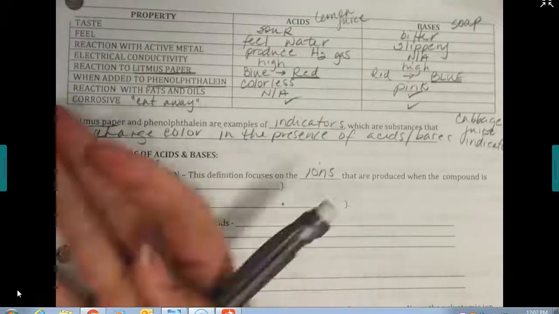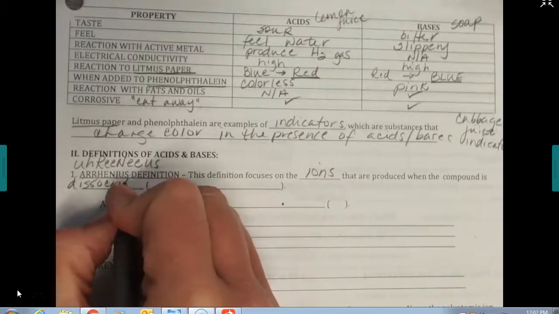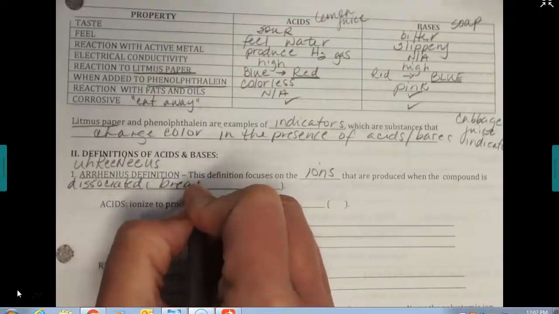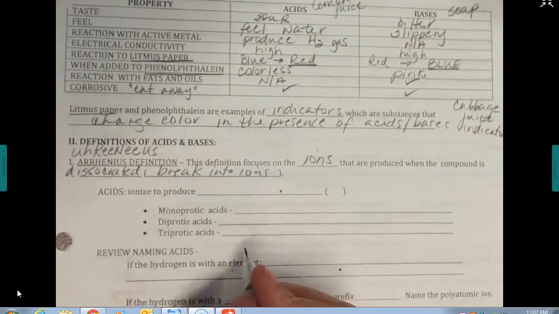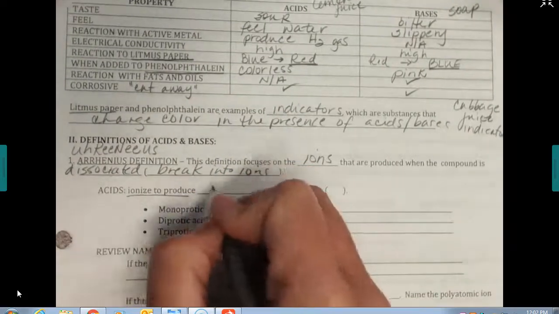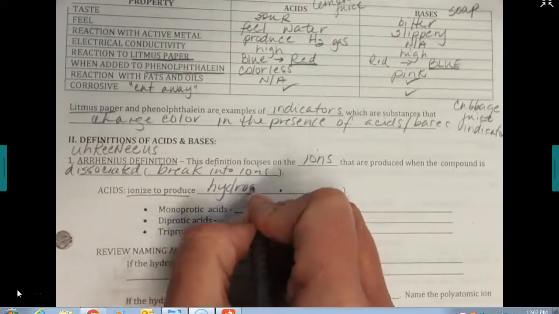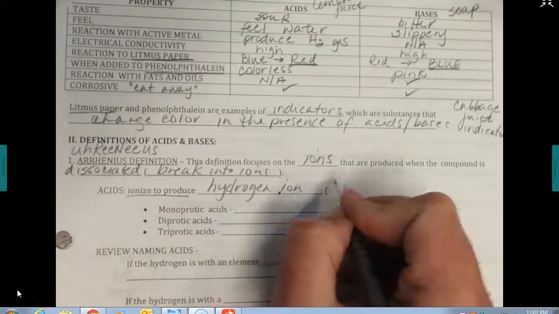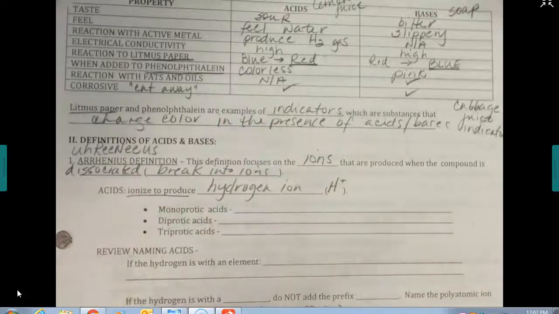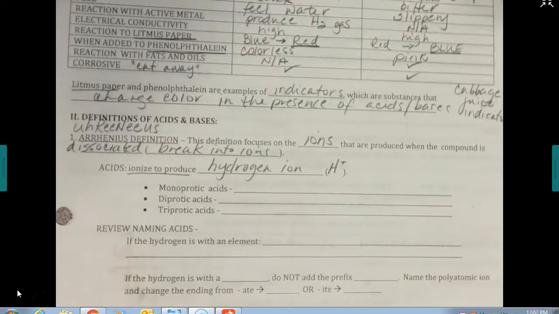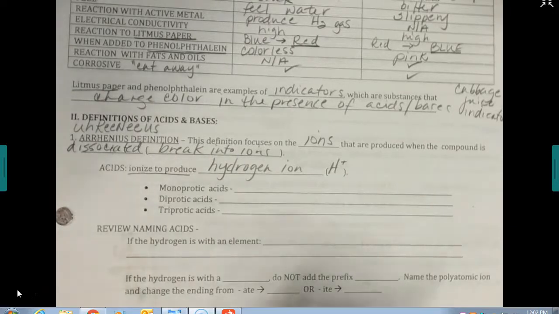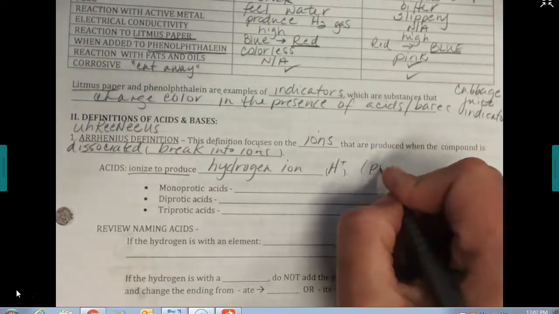And remember, dissociated means to break into its ions. Acids ionize to produce a hydrogen ion, an H+1, because when it transfers that electron to the anion, we're just left with one proton, and we call it a proton.